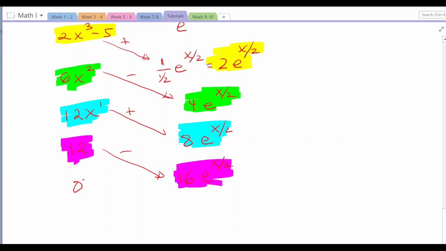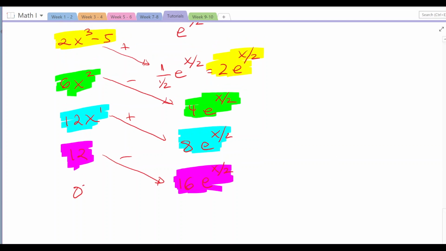If you do that, you will get the final answer of this problem.